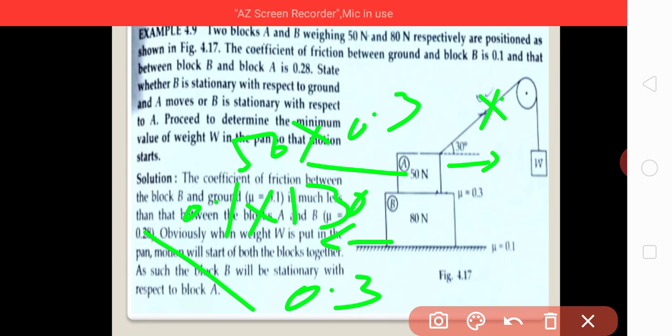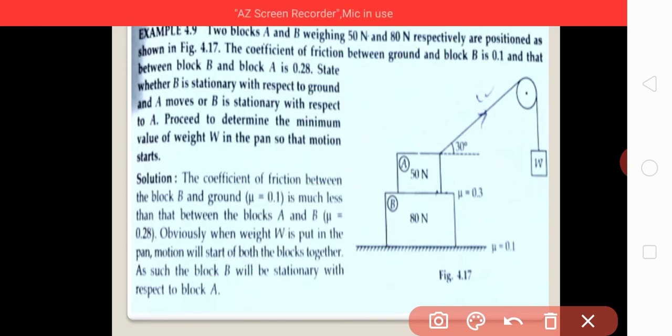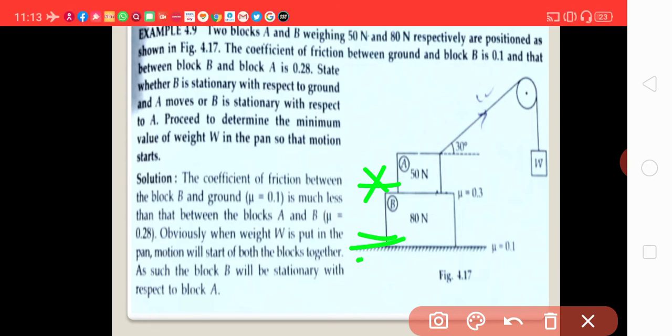Then you will find that this value is higher compared to this value. The force of friction generated is much higher on this surface compared to this surface. Hence, this whole block will be moving as a single body.